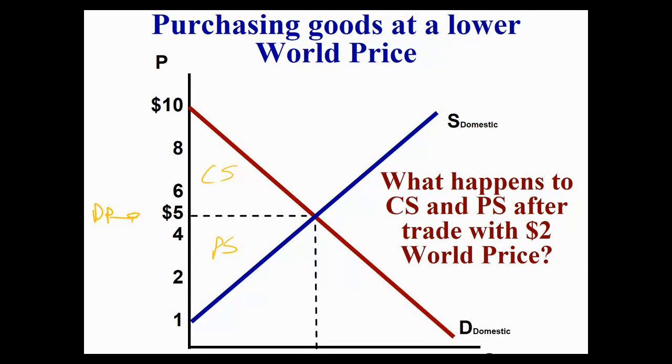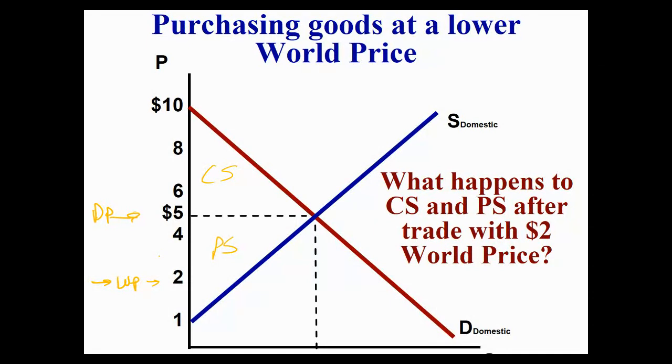But what happens if we find out that the world price is at $2? Well, if we open up our markets at the world price of $2, that would make consumers much happier.